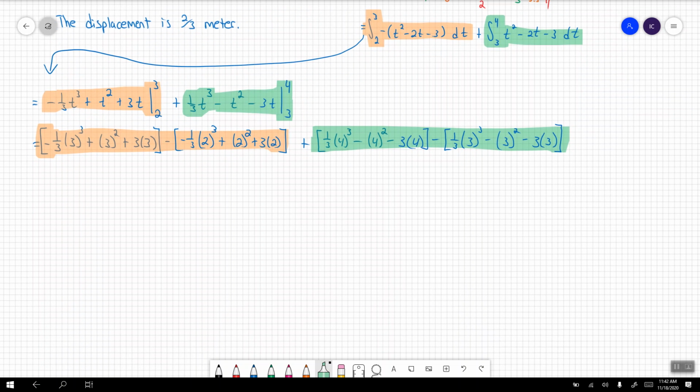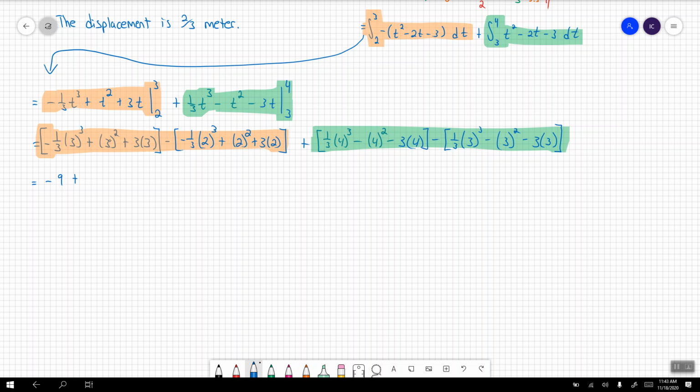So let's go through and simplify this as much as we can. Again, try to do all this without the calculator until it is absolutely necessary to use a calculator. So negative 1/3 times 3 cubed. Same exponents, or sorry, same base, that means one of the exponents will cancel, and we're going to be left with 3 squared, which is 9.